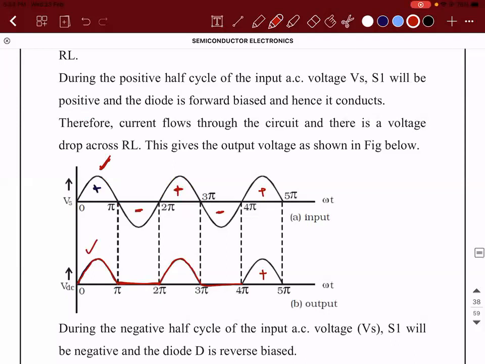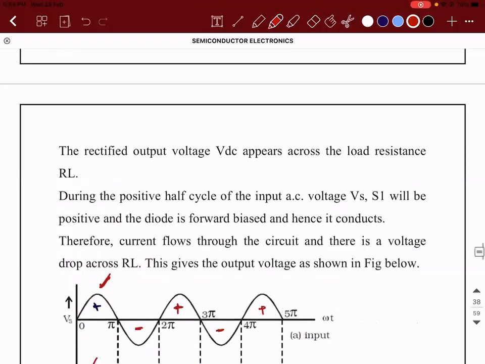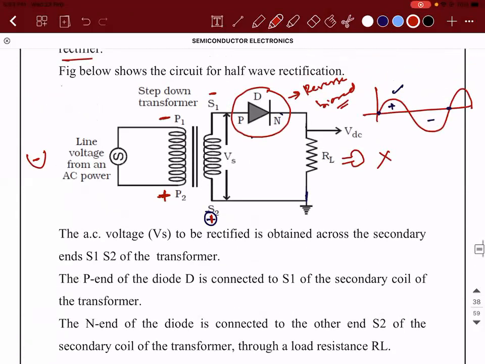Sir, the reason we use a step down transformer here is to reduce the voltage, right? To reduce the AC voltage. And the diode is used mainly to make it DC.